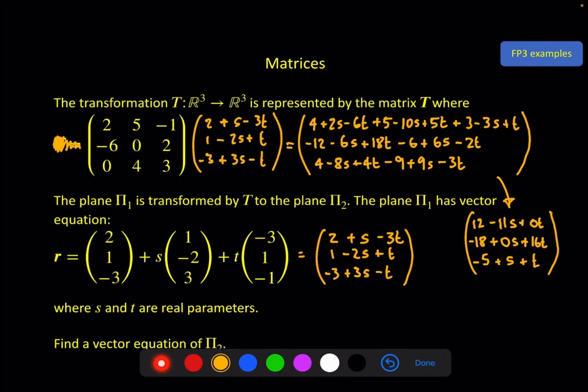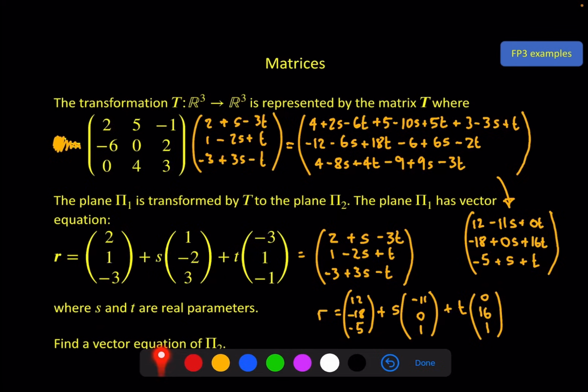And that is the general point of plane 2. Vector equation of plane 2, we can change the form here by doing this process backwards, so we can split off our 3 parts to get r is equal to (12, minus 18, minus 5) plus s times (minus 11, 0, 1) plus t times (0, 16, 1).